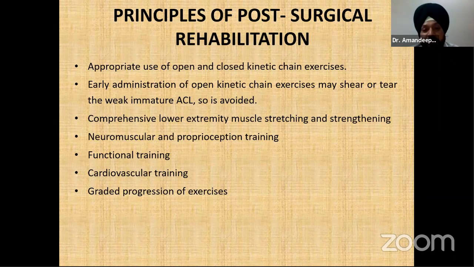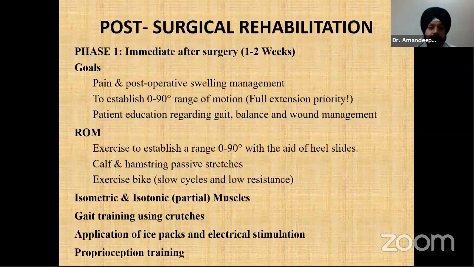So these are a few things which need to be considered while we plan the rehabilitation protocol for the patient. Then comprehensive lower extremity muscle strengthening and stretching exercises. Neuromuscular and proprioception training needs to be given. Then functional training, cardiovascular training. Then graded progression of the exercises should be done, depending on how the patient is responding to the exercise protocol.